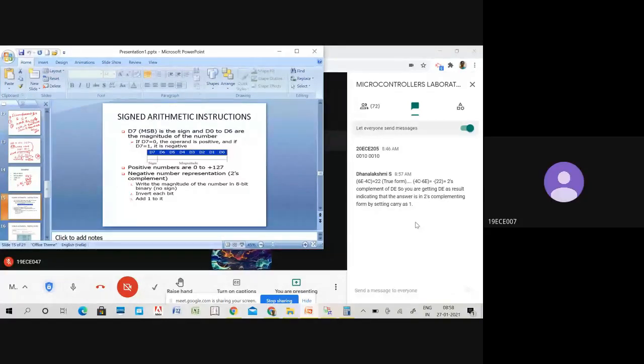Minus 128 to plus 127. Okay. So how do you identify whether the given number is positive or negative? Which bit holds the sign? Bit 7. Okay.